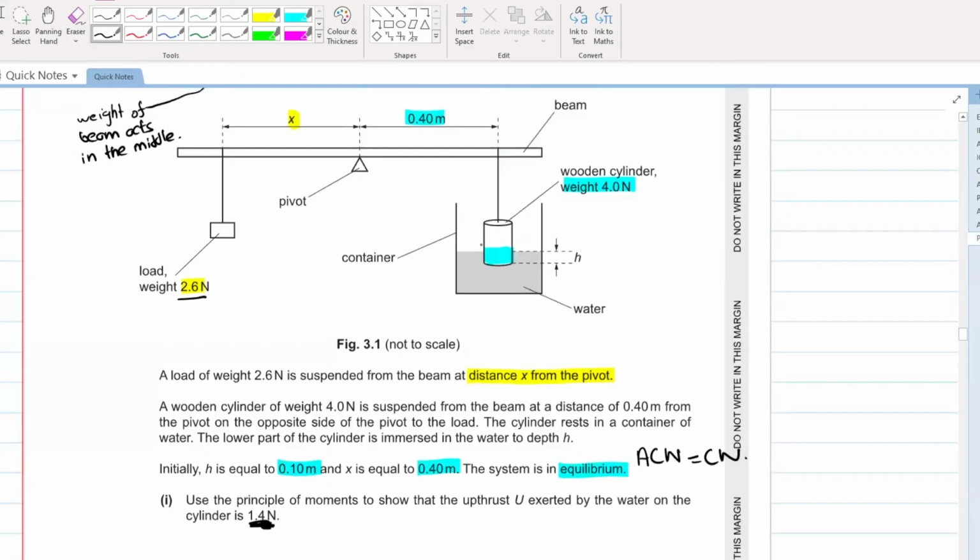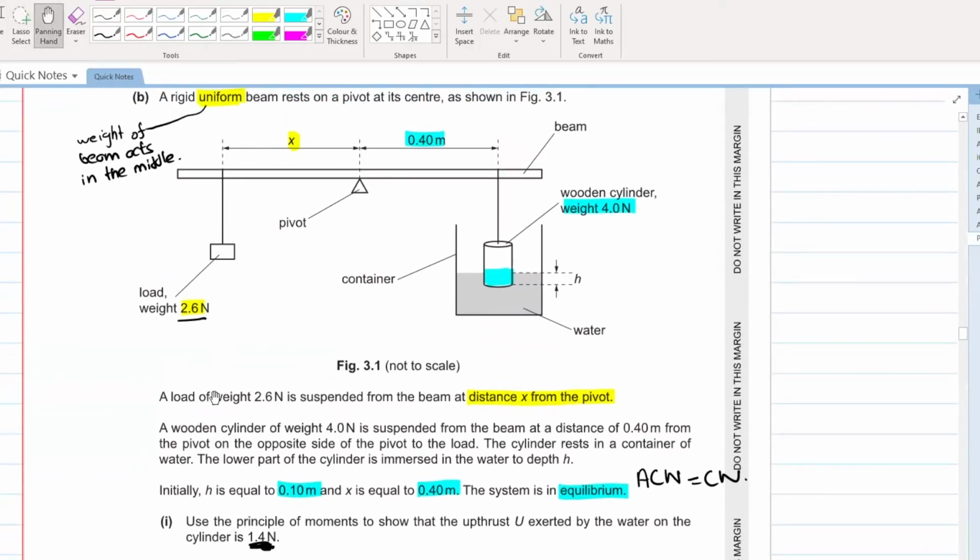Now, just for a moment, sit back and relax and see what forces are acting in this scenario. First of all, we will have a weight here, the weight of the load, acting downward. This weight is 2.6 newtons. Which direction will this weight turn the rod? It will turn the rod in the anti-clockwise direction.